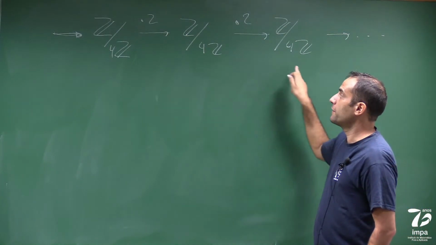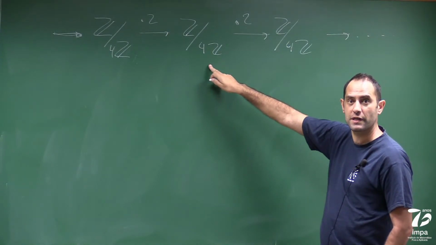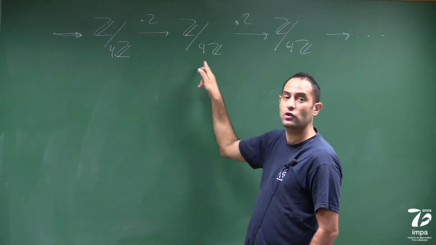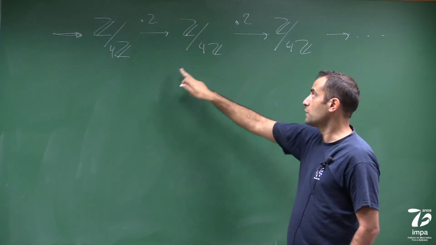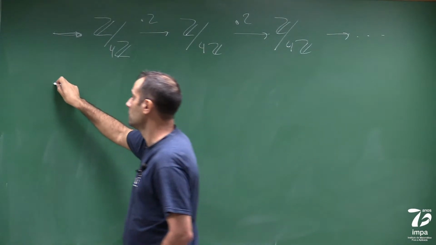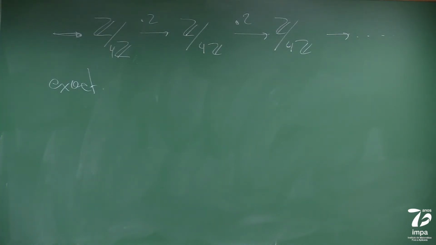So that's the kernel of this map, which are the image of the even integers here. And that's also the image here, therefore. The image of the even integers is, by definition, the image of multiplication by 2. So this complex is exact. The homology of this complex is 0. Right? This happens at every spot. And this complex cannot be split exact.